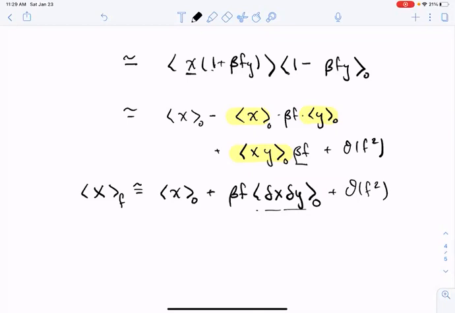If x and y are anti-correlated variables, a positive f will give me a decrease in x. If x and y are positively correlated, if I push on y and increase its value, I will also increase the value of x. Y drags along x as it's being manipulated through its statistical correlations.